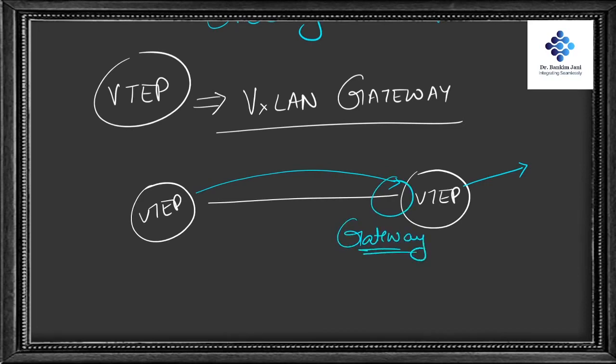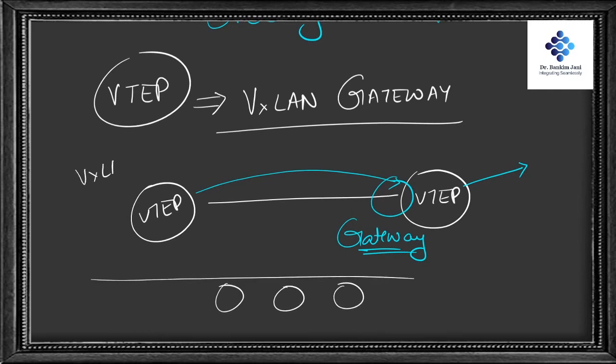Someone would say that, there are so many devices in between. So he said, yes, well, that is the function of underlay. I am least concerned. I am overlay. I am talking about VxLAN. So that's why my next VTAP is my gateway, right? A very conceptual thing, but the moment you visualize it, it becomes much easier, right?